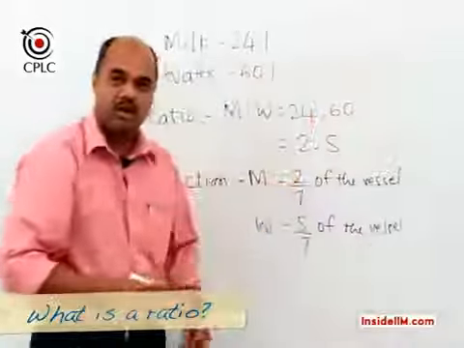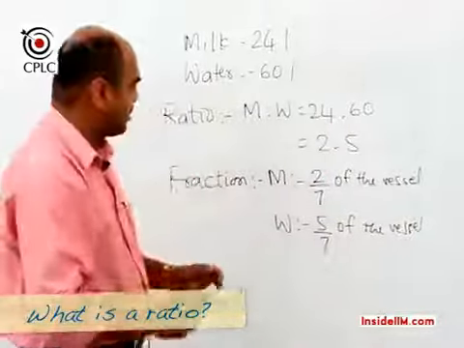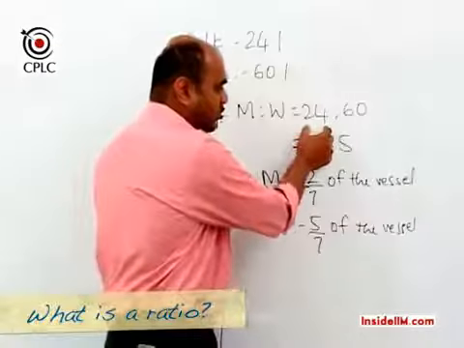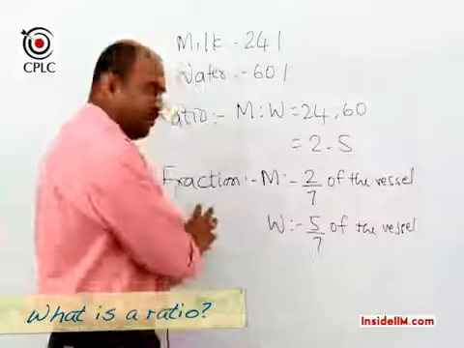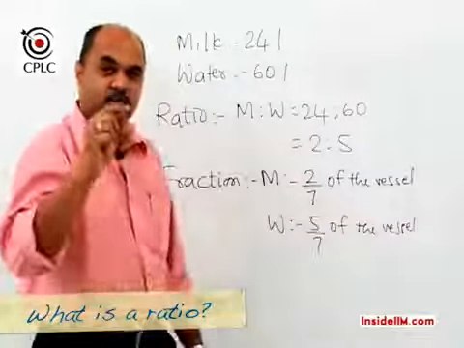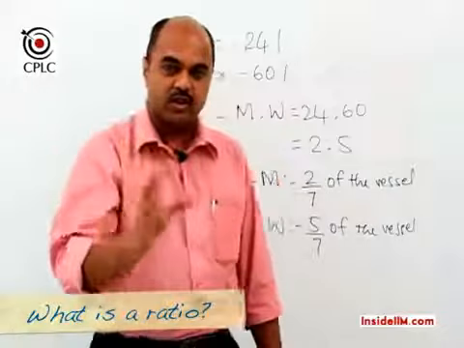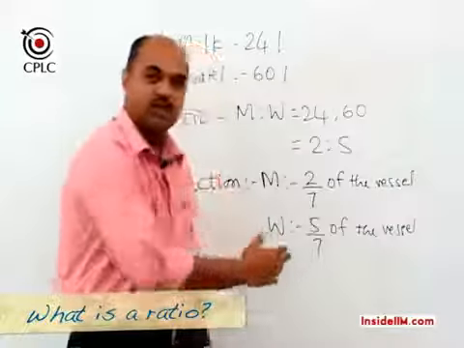So when we talk in terms of a ratio, it is simply how much milk is to how much water, but when we talk in terms of a fraction, we say how much milk out of the total and how much water out of the total.